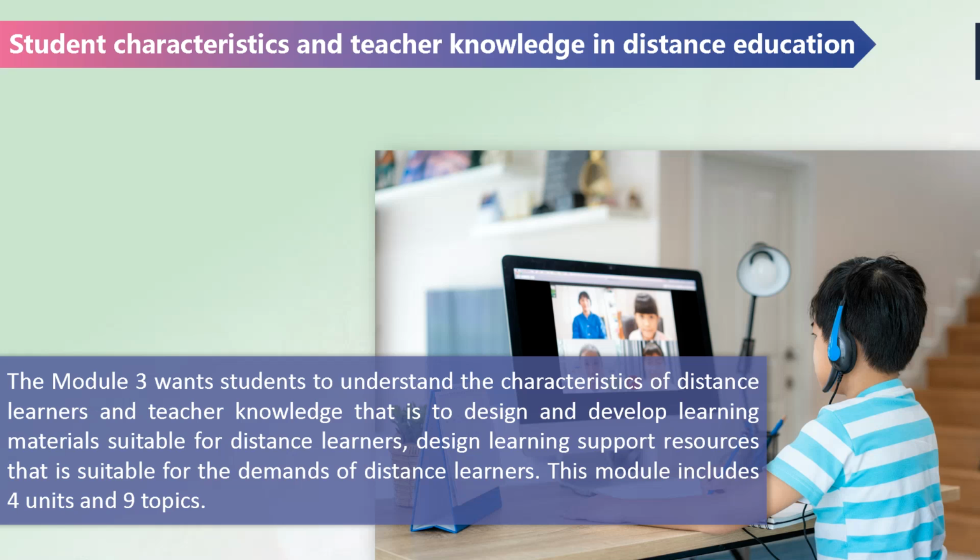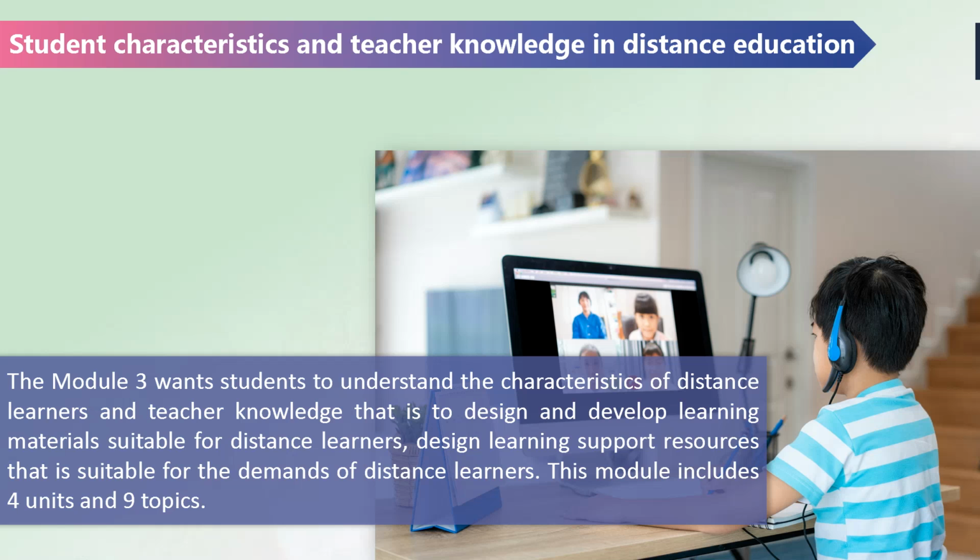Unit 2 introduces the characteristics and the difficulties of adult learners, including a total of 4 topics. Topic 3 introduces the generation characteristics of distance learners and the characteristics of distance learners in the world, such as the USA.